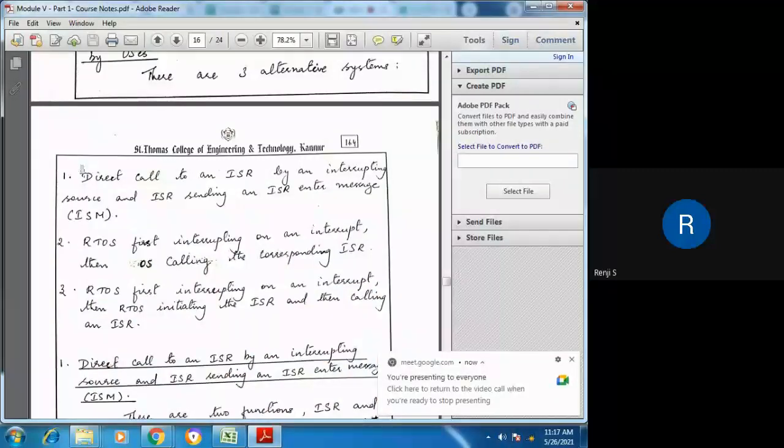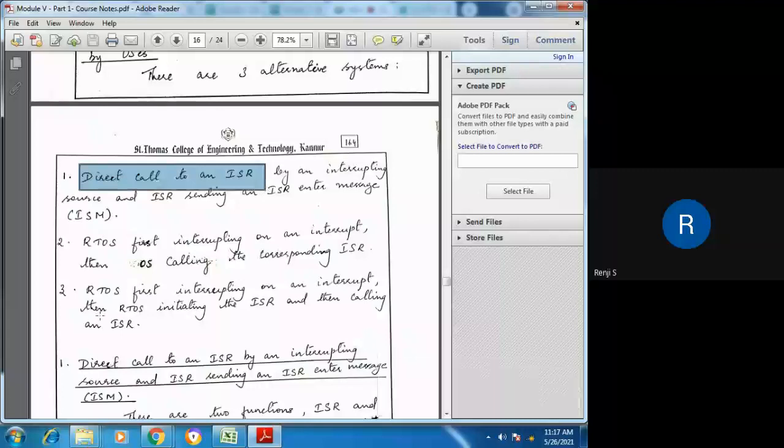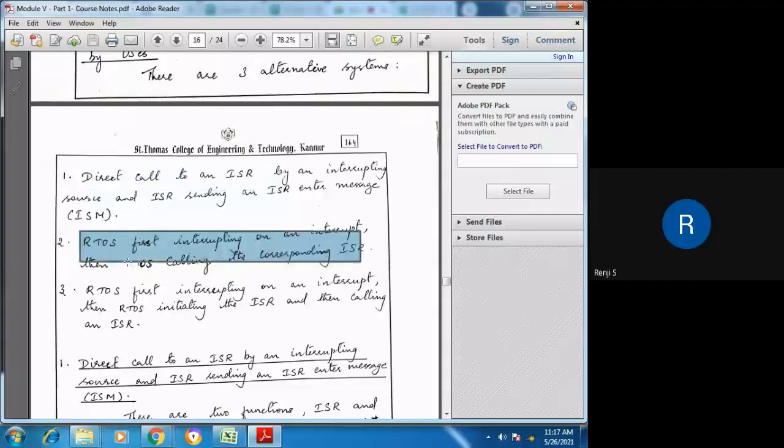So the first method is direct call to ISR. The interrupting source is directly sending a request to the interrupt service routine, and it will start execution. No priority is checked. It will start execution, and it will send a message to the OS to stop its execution. Second, the interrupting source is sending a request to the RTOS, and then the RTOS is calling the ISR.